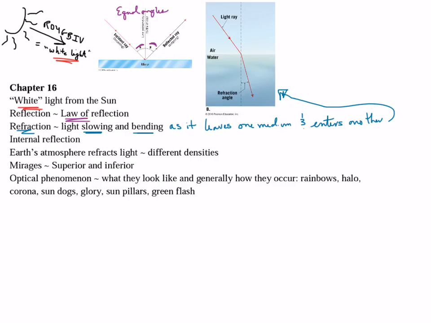How fast light travels in air is slower, and how fast light travels in water is even slower. So actually that kink, that turn, that bend has to do with light slowing down. And they call it the refractive index of the material. Like when you go to buy a diamond, they'll talk about the refractive index of the diamond. Basically, how does it slow light down as it goes through?